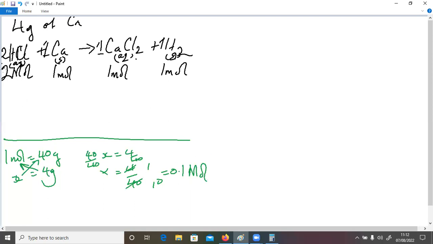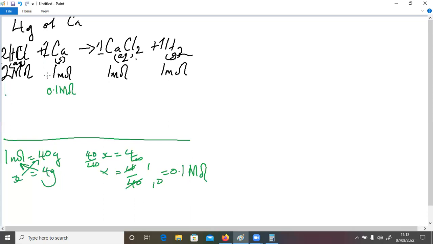So I come to my equation here, and instead of 1 complete mole, I have 0.1 mole of calcium. So how many moles of the excess hydrochloric acid am I going to use?